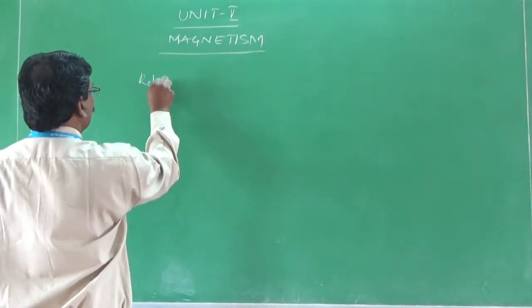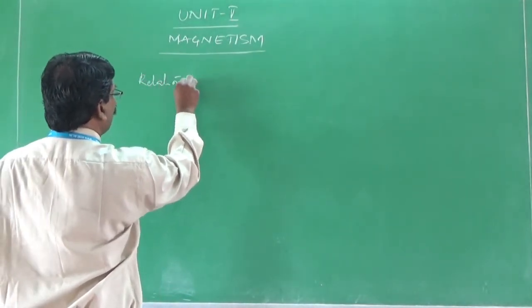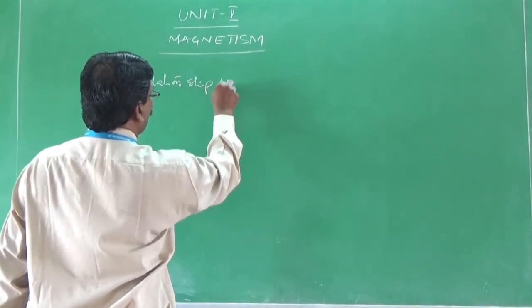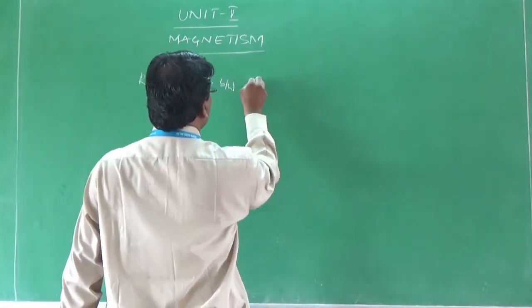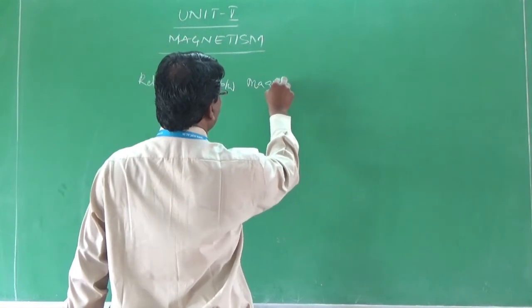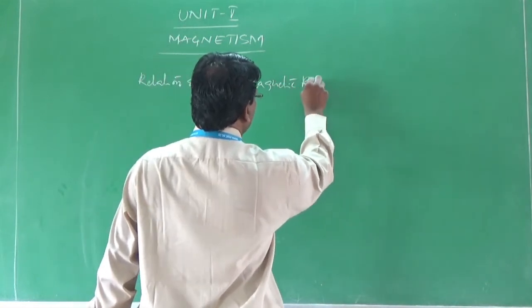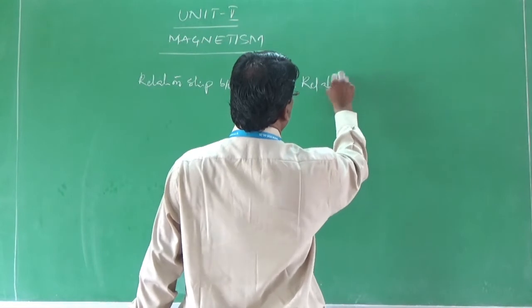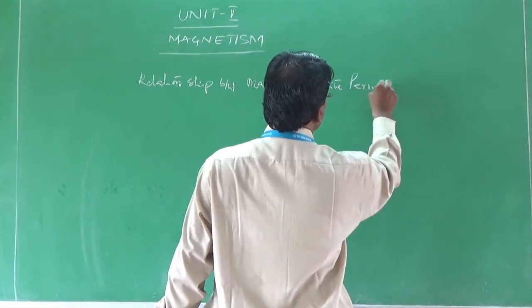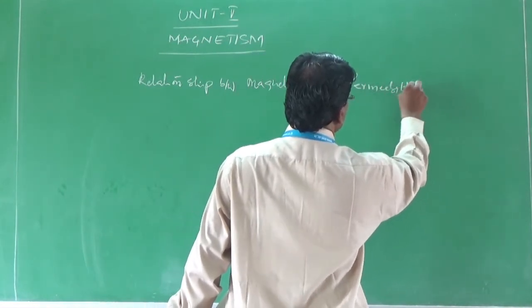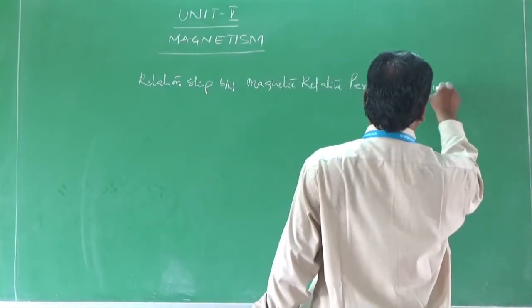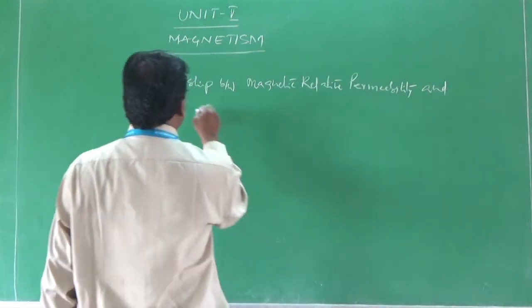Relationship between magnetic permeability, magnetic relative permeability, and magnetic susceptibility.